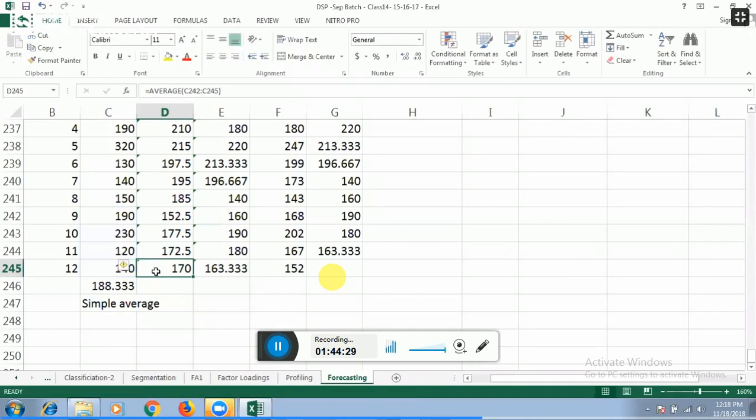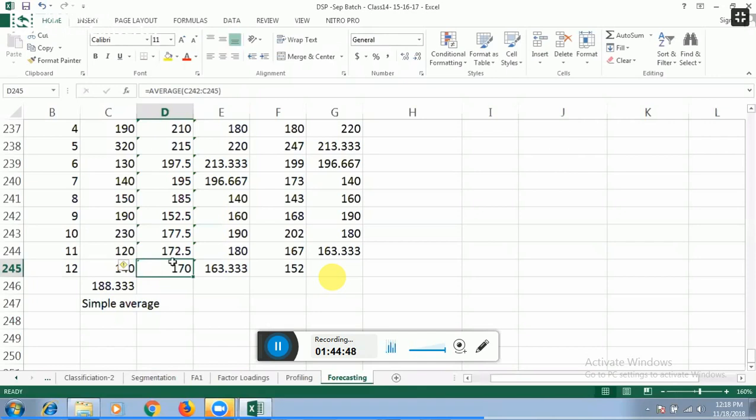Are you able to follow me? What I'm saying is that once you decide you want a moving average of 3, or 4, or 5, you can automatically consider that value as the forecasted value for your future.